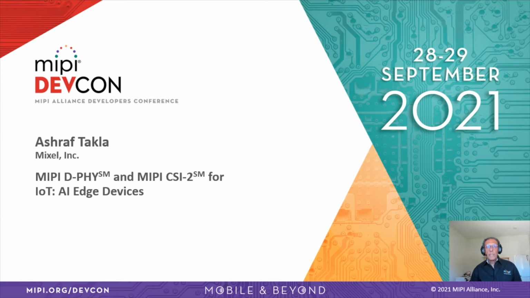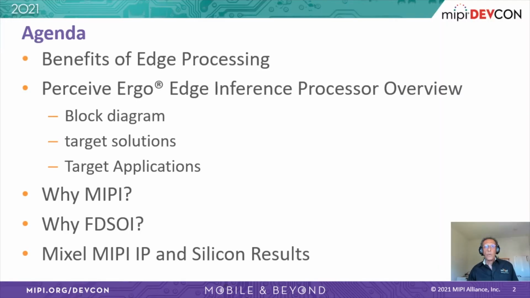Our presentation is about using MIPI CSI-2 and D-PHY for AI applications in IoT edge devices. We will start with a brief overview of the benefits of edge computing. Next, we will look at the Perceive Ergo and the system and device block diagrams.